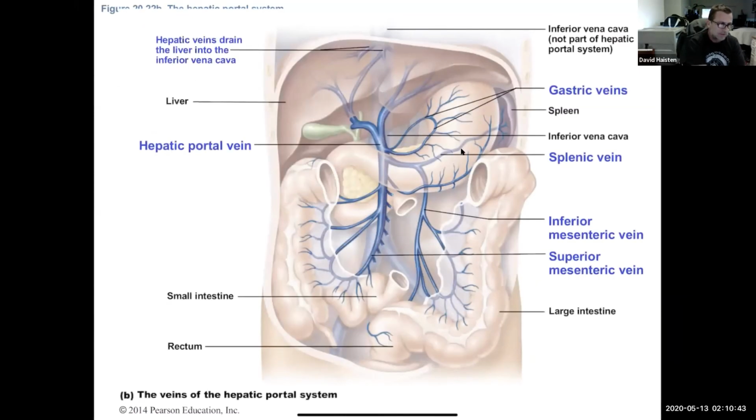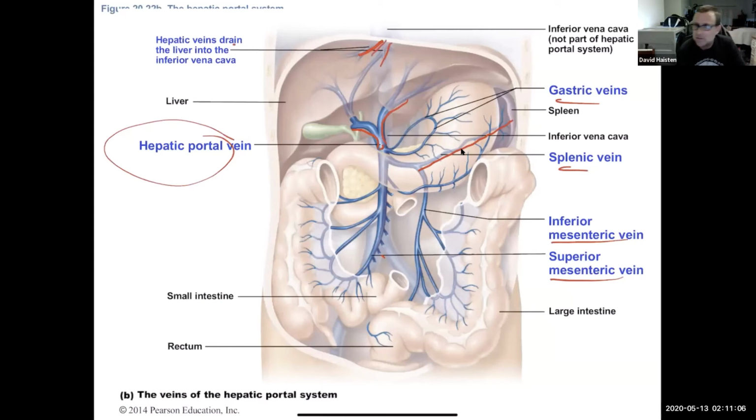So here we have it. Gastric veins, splenic vein coming all the way from the spleen, inferior mesenteric vein, superior mesenteric vein. All feed into the hepatic portal vein. That's going to split, goes into the liver. Now the hepatic veins drain the liver into the inferior vena cava. So that's a hepatic portal system.